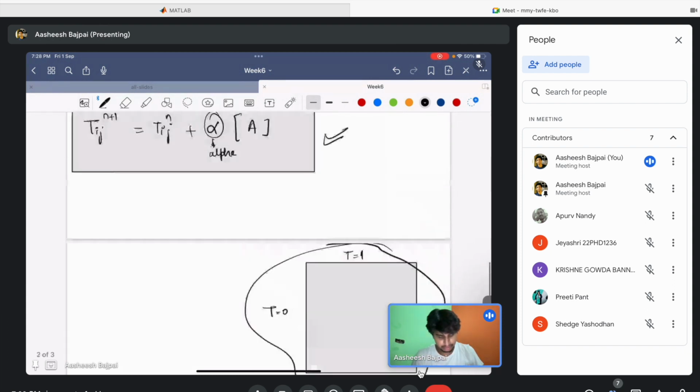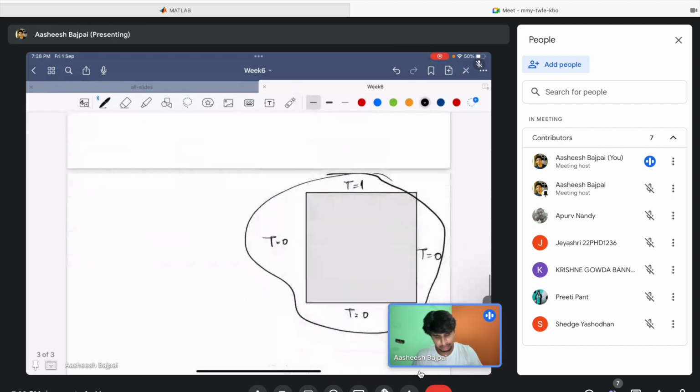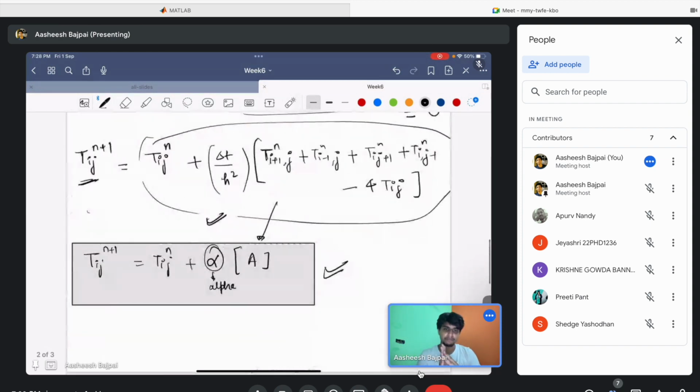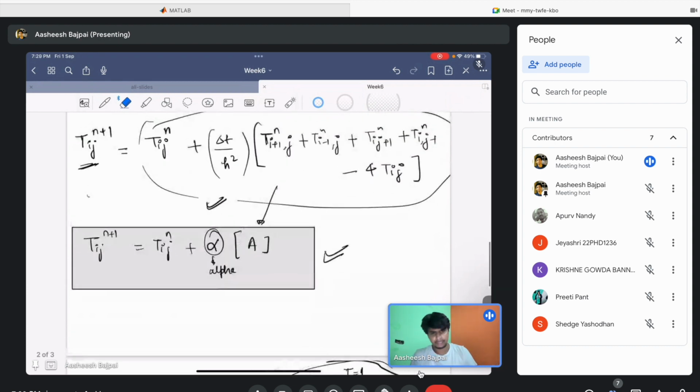One more thing I want to make clear is that in that case we didn't have any delta t, so we didn't have to choose any delta t. There were no stability requirements. But here, as all of you know about the CFL number, I am not mentioning it because it's a very basic kind of problem, and in later stages we can use it.